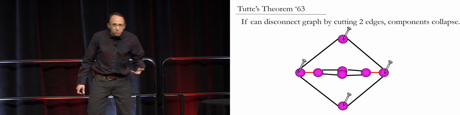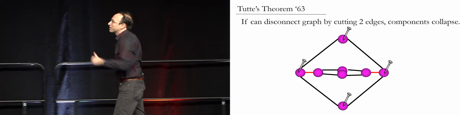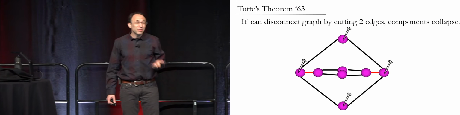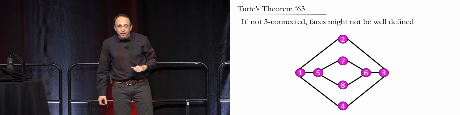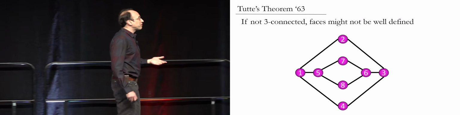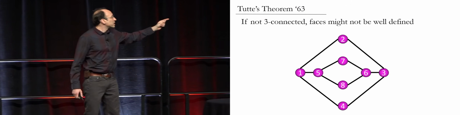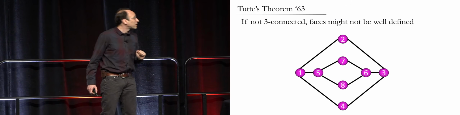Actually, that's reasonable for more reasons than just that things will collapse if it's not three-connected. You can't even really define the faces of a planar graph if it's not three-connected. What I mean is, if the graph is not three-connected, the set of faces is not really well-defined. So think about this graph here again, and take a look at the top face, by which I mean the one enclosed by vertices 1, 2, 3, 6, 7, and 5.